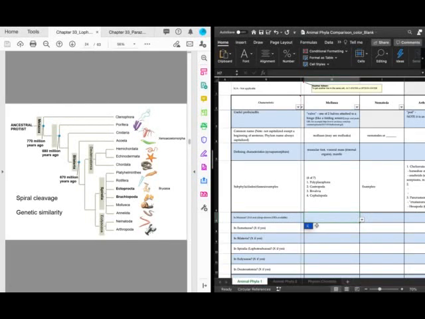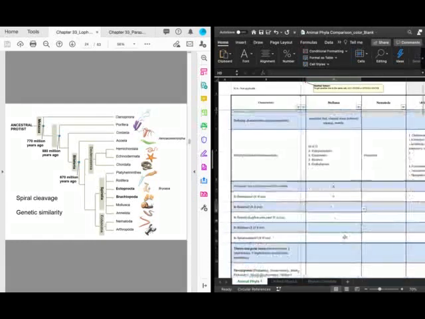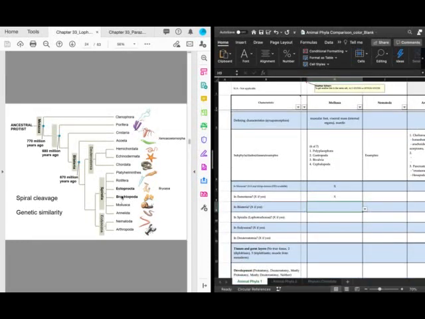Yes, because that's all animals. Eumetazoa, does it have true tissues? Yes. Bilateria, so we see we're inside, where are we at now? Mollusca, bilateria, yep. Spiralia, mollusca, spiralia, yep.